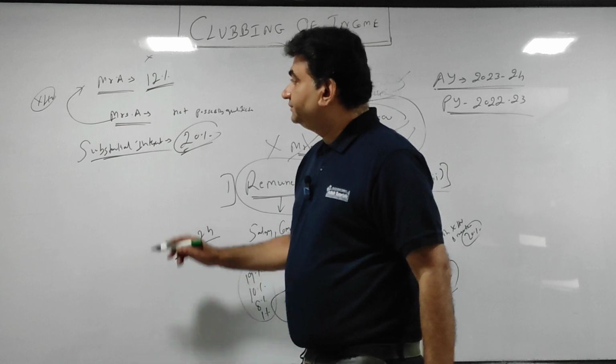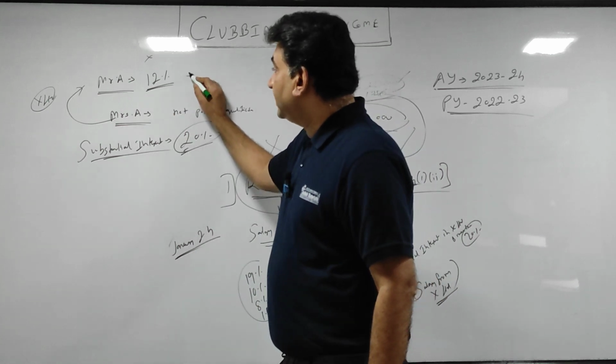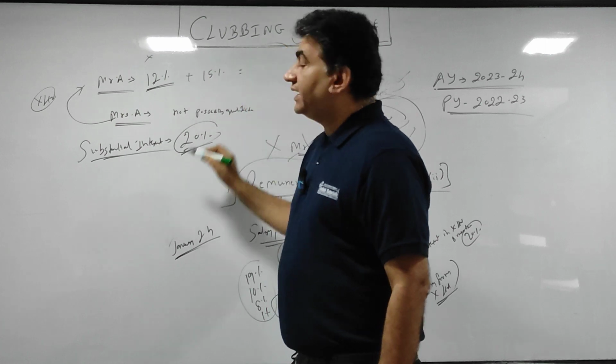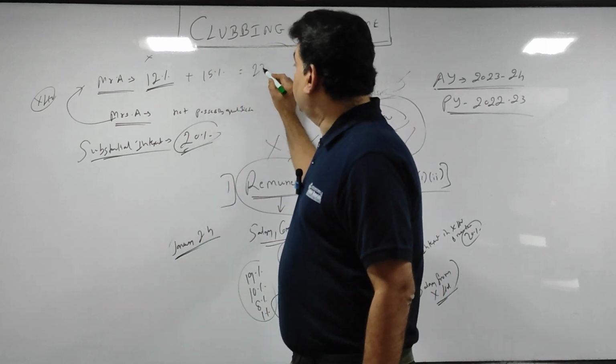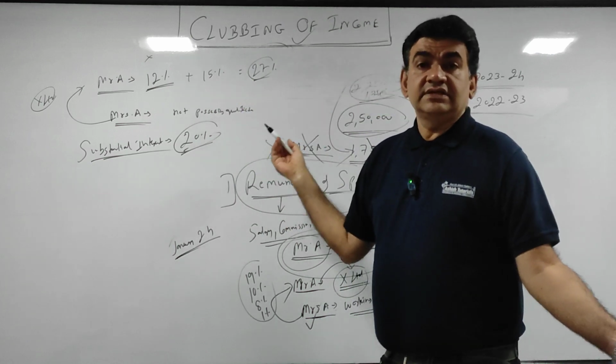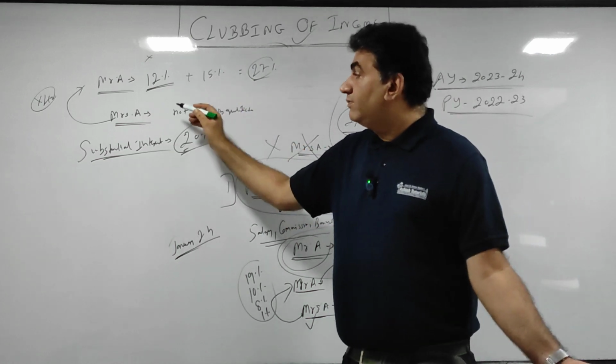That means if Mr. A has 12%, he has a brother who has 15%, so how much is it? 27%. That means substantial interest exists, it will be clubbed.